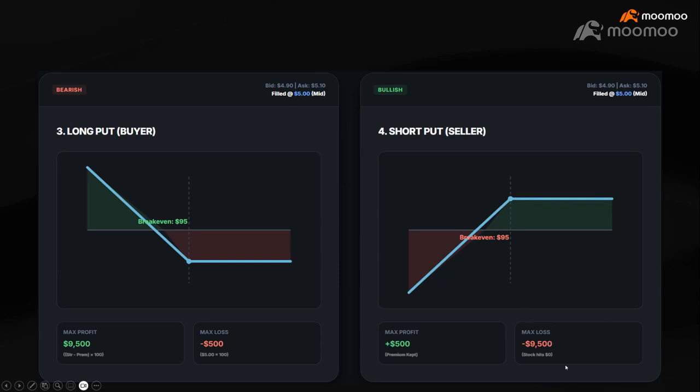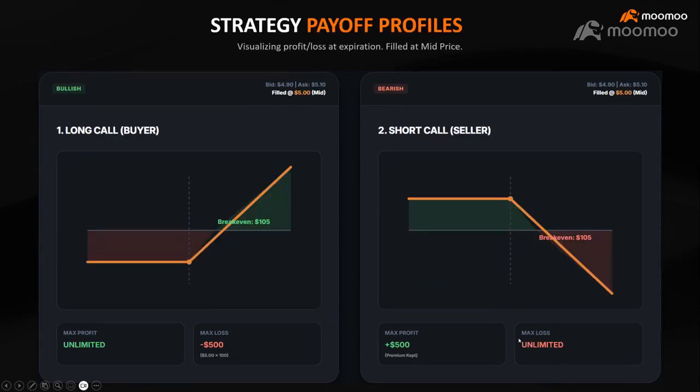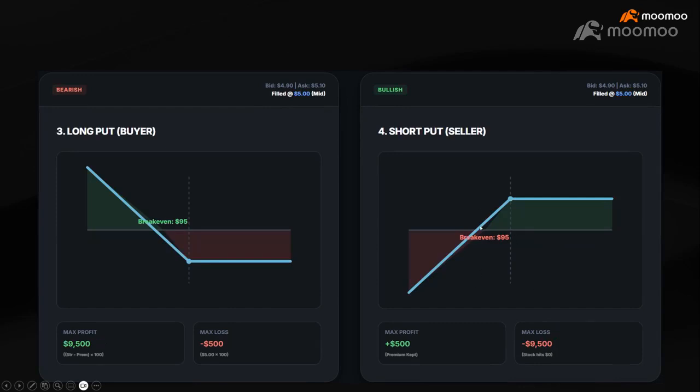Why does this one have a number while the short call is unlimited? Because the underlying can go to zero only, from $100 down to zero is a $100 loss, right? Because you collected a premium, you minus out the $500, then the maximum loss is $9,500.